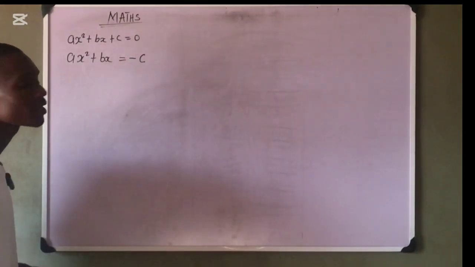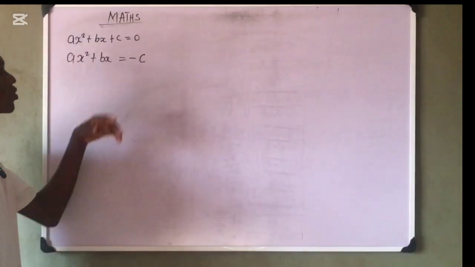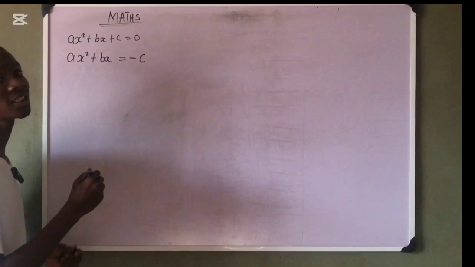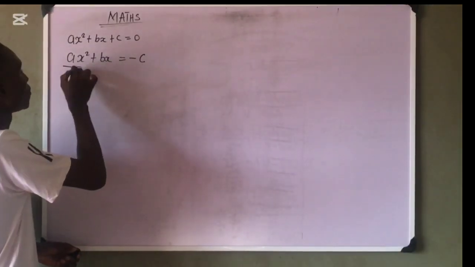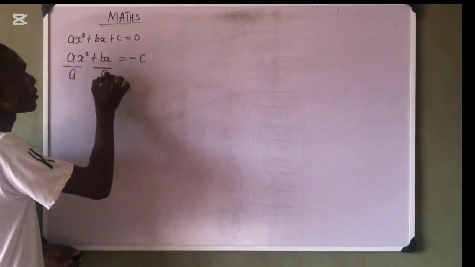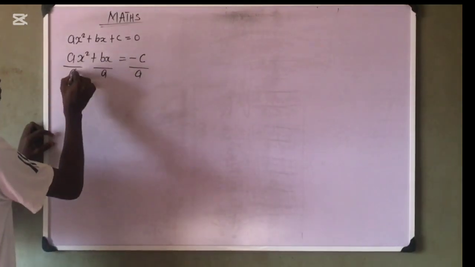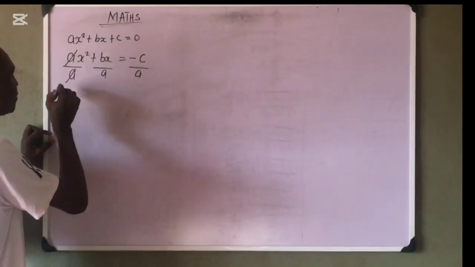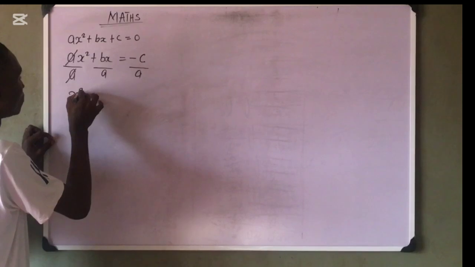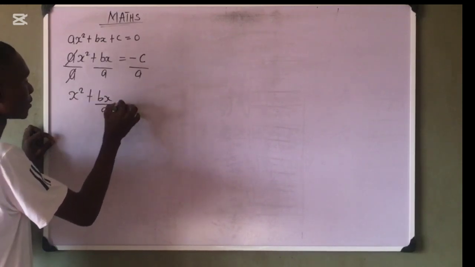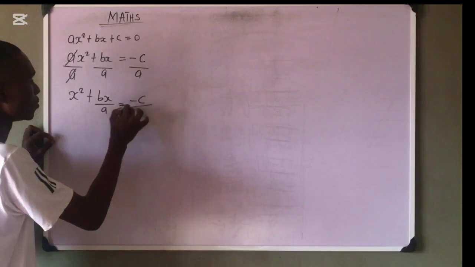Then I will divide through by the coefficient of x squared, which is a. Dividing through by a, a will cancel a to give 1, leaving me the equation x squared plus bx over a equal to minus c over a.